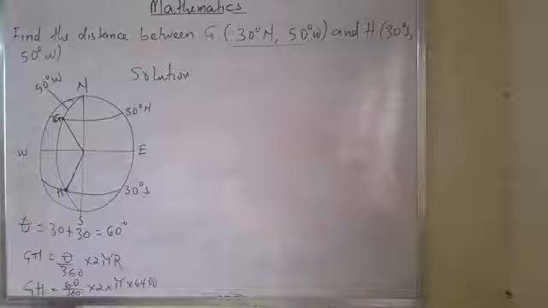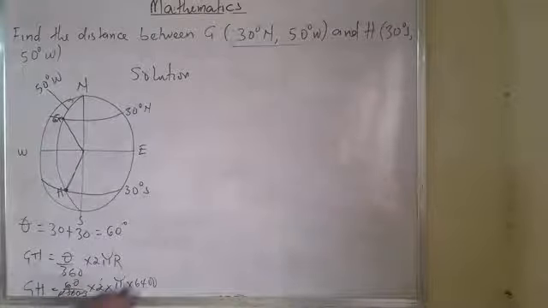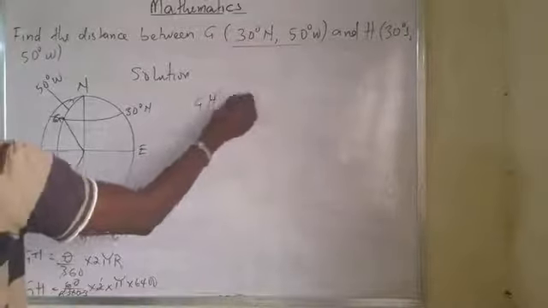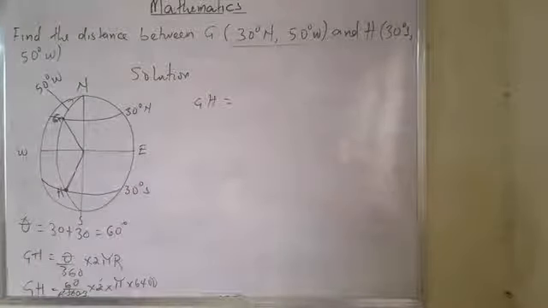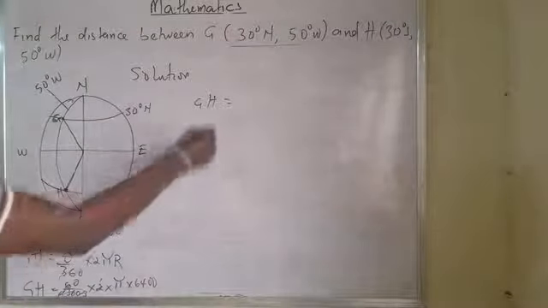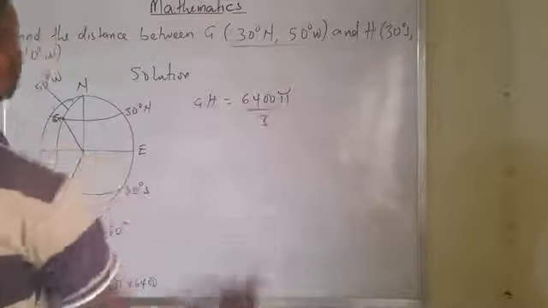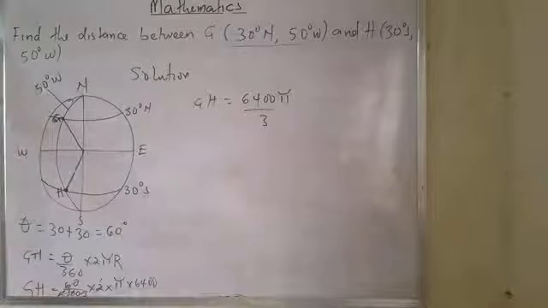Cancelling, I will have GH equals 6,400 pi divided by 3.